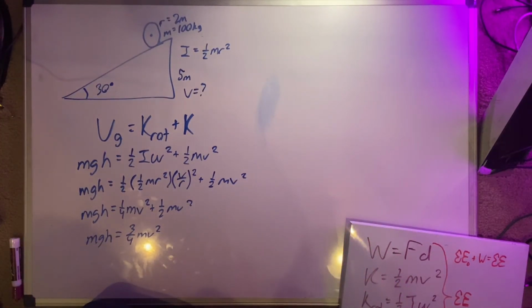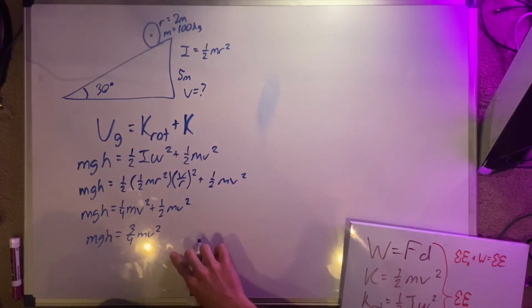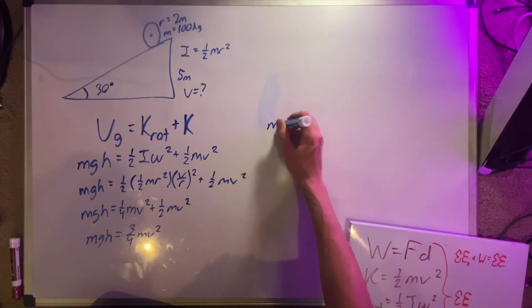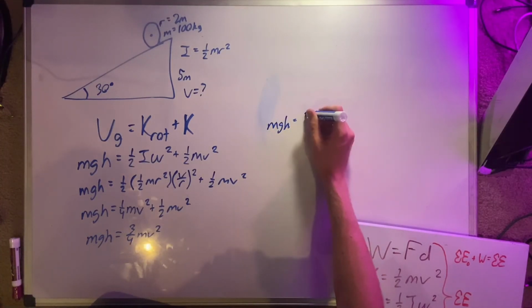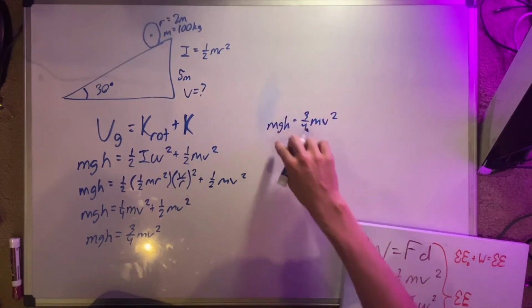So now that we have this, we can solve for our total velocity at the end. mgh is equal to 3/4 mv squared.